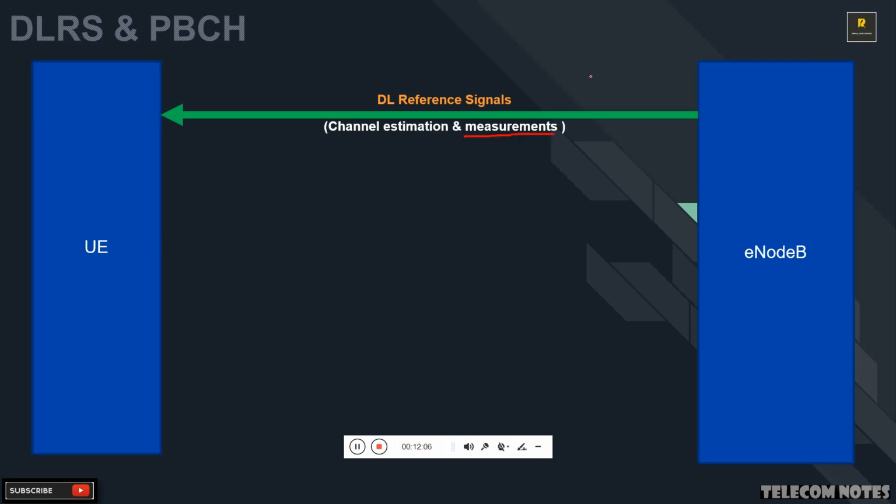Measurement here means, as we are talking about the reference signal, it is having RSRP, RSSI, RSRQ, and for the channel estimation, it will read the multiple channels further, and it will get the channel estimation of where that particular data has arrived for a particular UE.